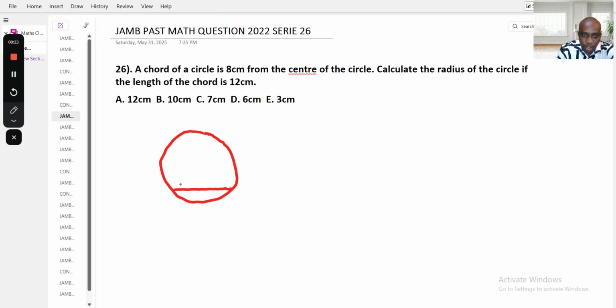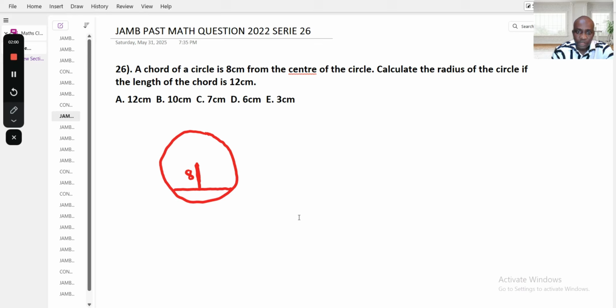This is a chord, and this is the center of the circle. We are told the chord is 8 centimeters from the center. From here to here, it is called 8, isn't it?